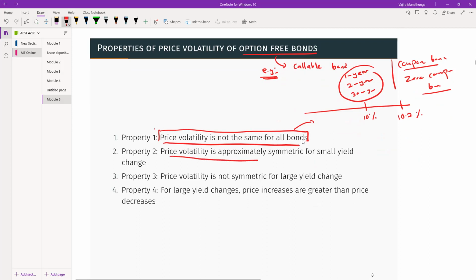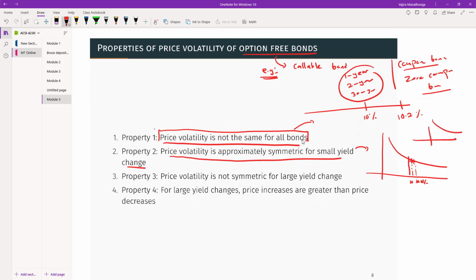Price volatility is approximately symmetric for small yield changes. This is true. The reason, if you look at the curve, let's say this is 10. Then if it goes to 10.01, very close, like 1 basis point, you can see that the price change is close because the two sides are very close.